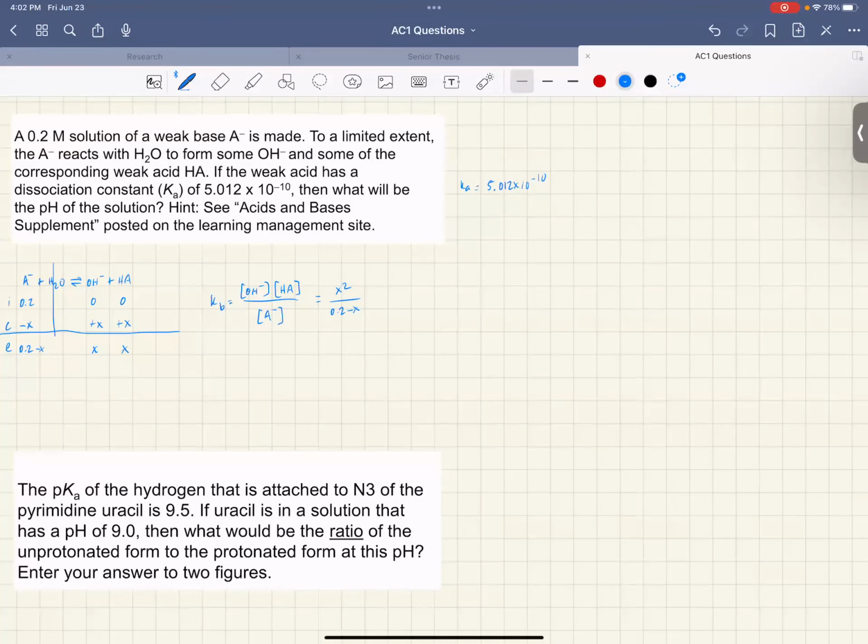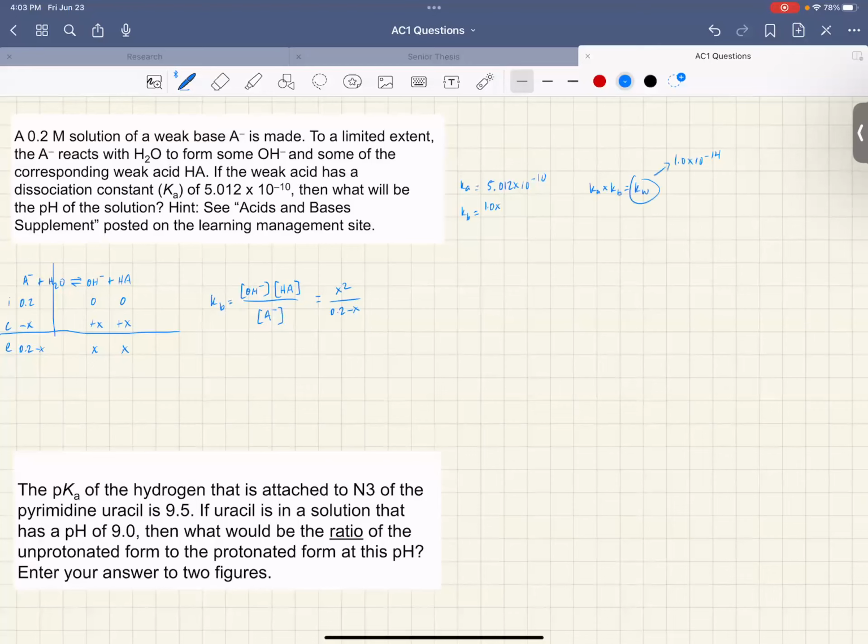And so the formula here is that Ka times Kb is going to equal Kw. Kw is a constant, which is going to be equal to 1.0 times 10 to the negative 14th. And so to find Kb, it's going to be equal to Kw over Ka.